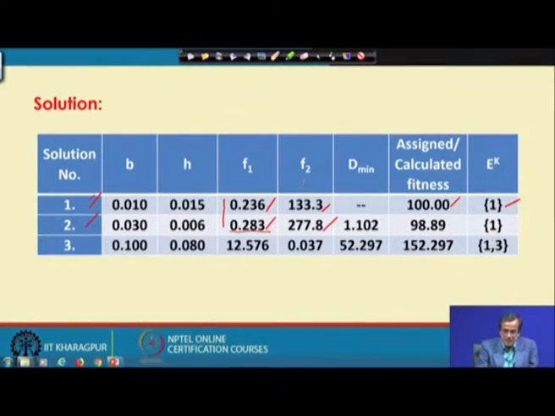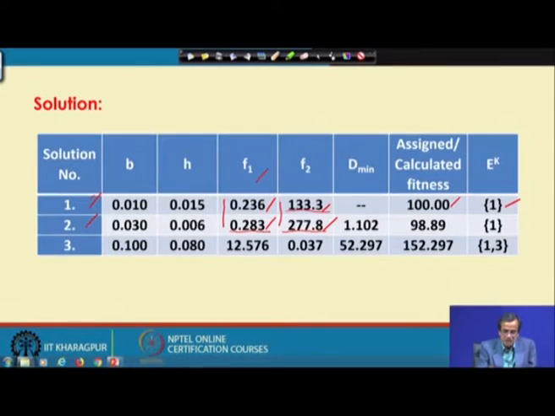Similarly, if I compare the F2 values, the second solution is found to be worse compared to the F2 in the first solution. That means 277.8 is higher compared to 133.3.